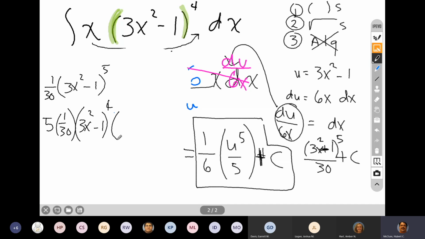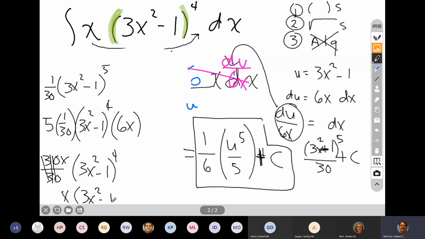What's the derivative of 3x squared? 6x. 6x times 5 is 30x over 30, times 3x squared minus 1 to the 4th power. The 30 cancels, and that leaves you with x times 3x squared minus 1 to the 4th power. What did we have to begin with? x times 3x squared minus 1 to the 4th power. So that's correct.